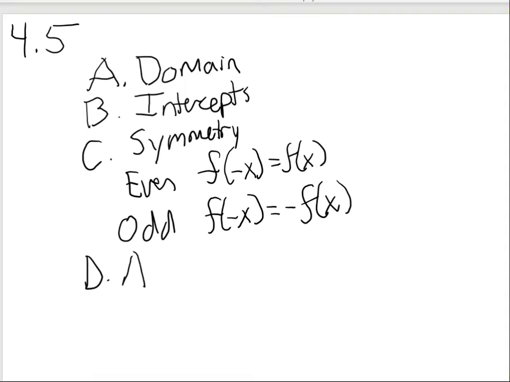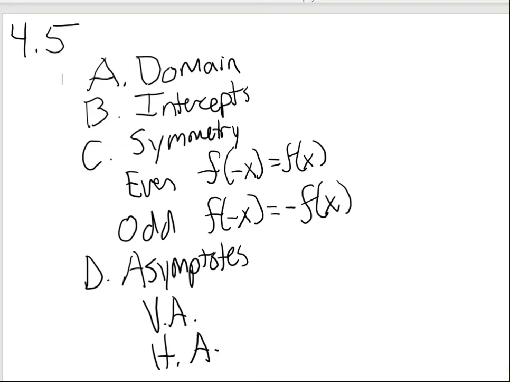What sort of asymptotes do you have? Remember, you have to look at the vertical asymptotes and the horizontal asymptotes. We're not going to concern ourselves too much with slant asymptotes. And then, for the next part, let's look at the local mins and maxes.